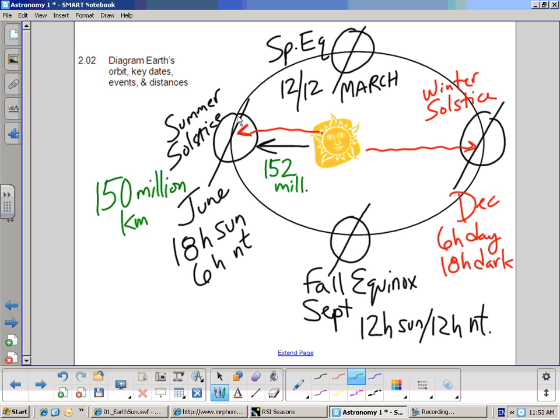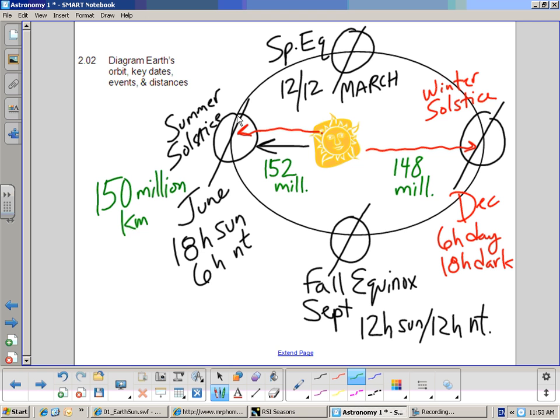And in the wintertime, we're 148. Take a look at those numbers again. That tells you something very obvious, and that is summer, we're actually further from the sun, and in our winter solstice, we're closer.